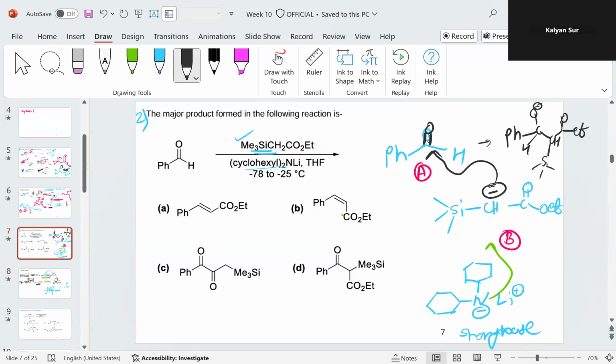Among the options, this E product is the product we get in the course of the reaction, not this one. We'll see why selectively the E product forms in some other examples. But as of now, the alpha beta unsaturated ester formation takes place in this reaction. So option A is the correct option here.